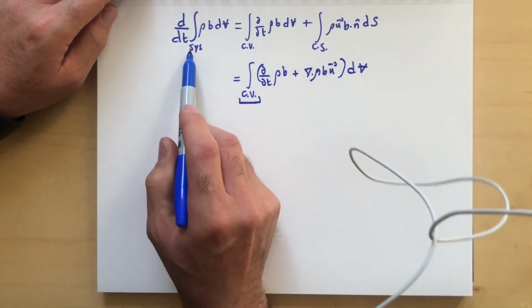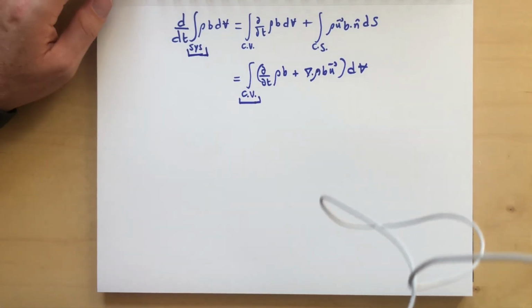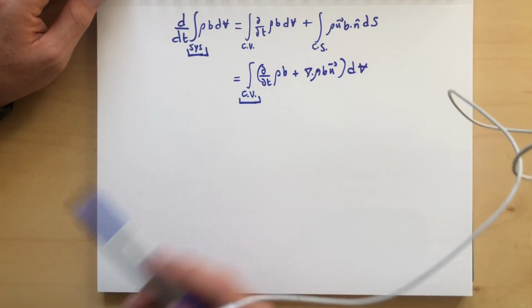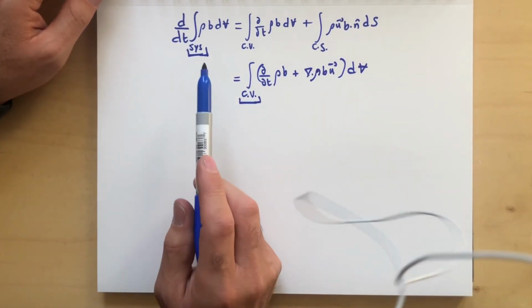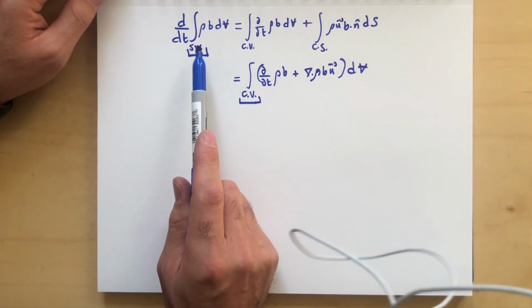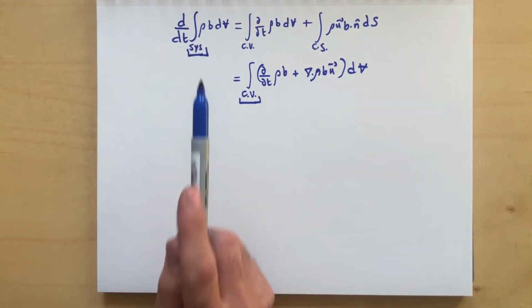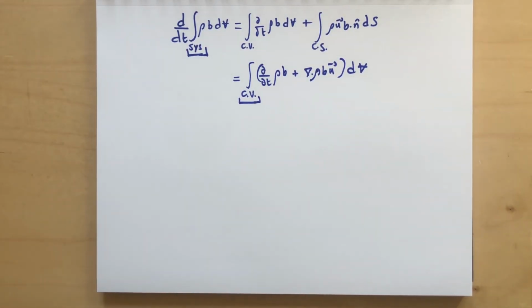The problem is that this control volume is different than the system volume. Why? Well, when you think about it, the Reynolds Transport Theorem is telling you how the integral of a certain property over a finite sized material volume changes as the material volume moves through the fluid.